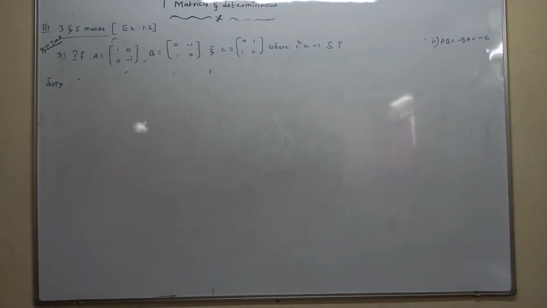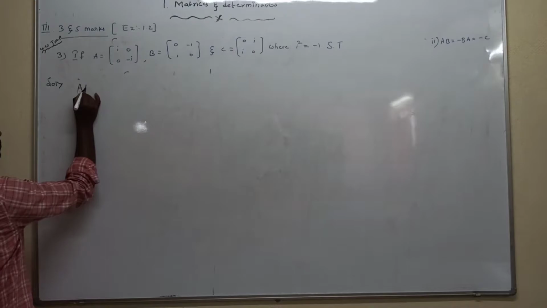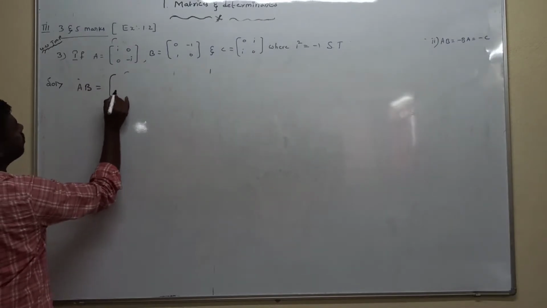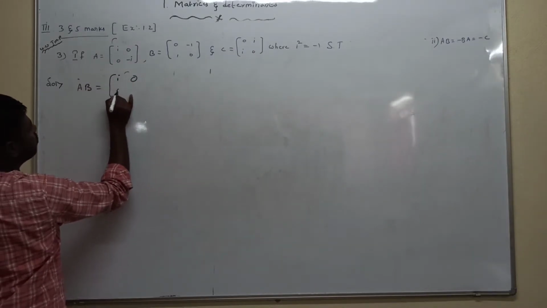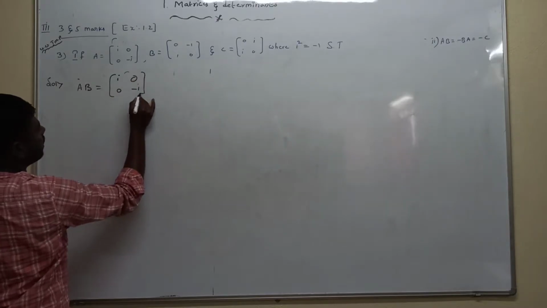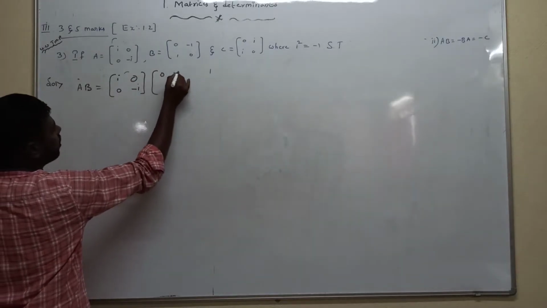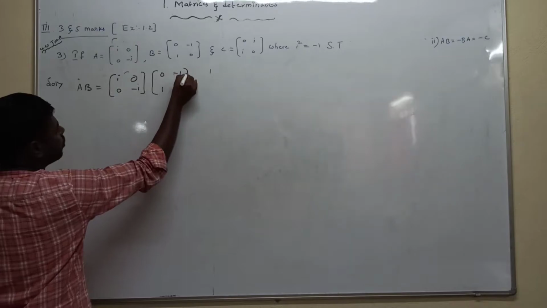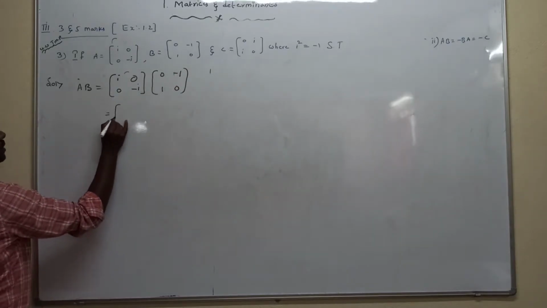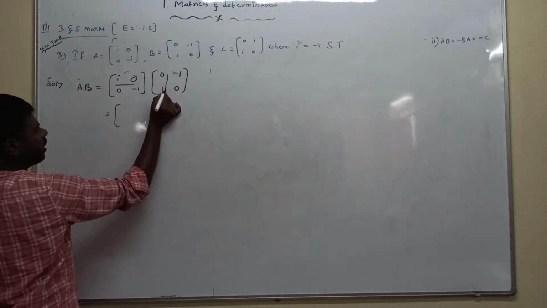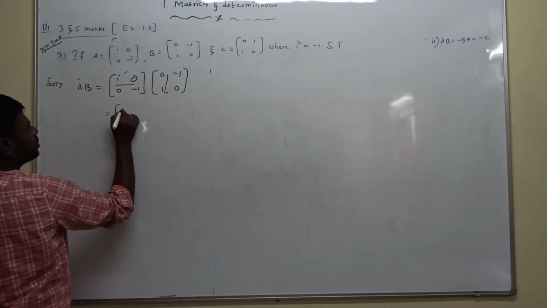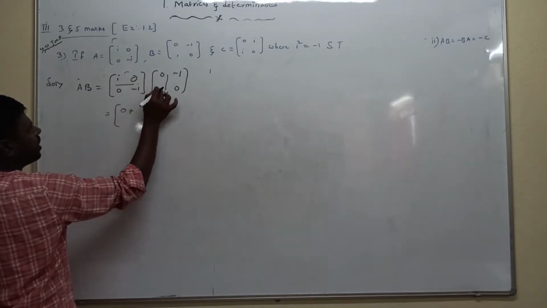See the AB matrix. AB is equal to I, 0, 0, minus I. Next, B matrix is 0, minus 1, 1, 0. Product of the matrices. First row, first column: I into 0, 0 plus 0 into 1 is 0.